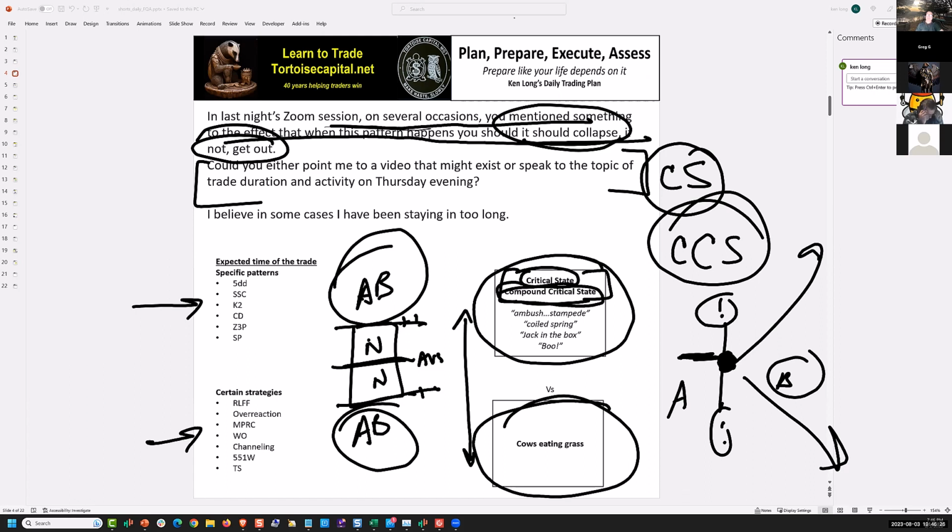Now, if I think about patterns where there's no volatility, what I want is things like cows eating grass. I see that price is behaving with normal volatility and has sort of this wandering quality to it that when I put a regression line on it, it just looks like this.